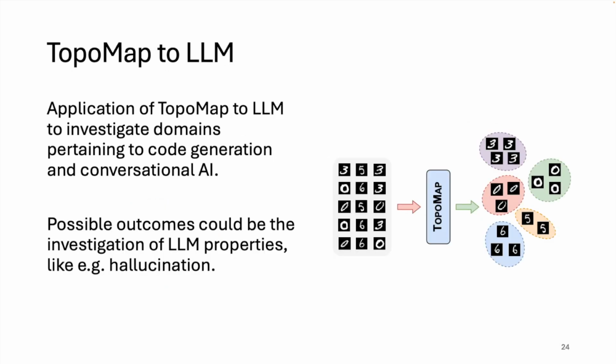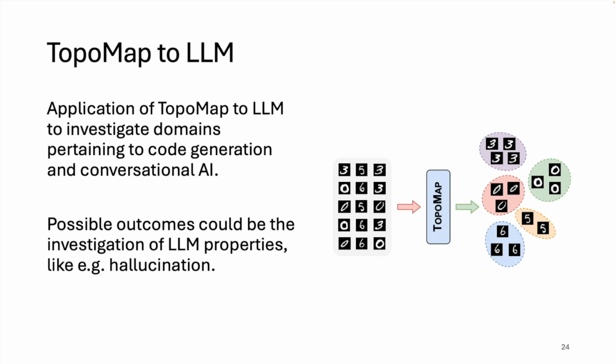Finally, another approach we are considering to extend our work is the application of TopoMap to large language models. For example, we are considering investigating the input space of some code generating models by using embeddings like code2vec, which embeds the input code into vectors that can then be projected into clusters as we did before.